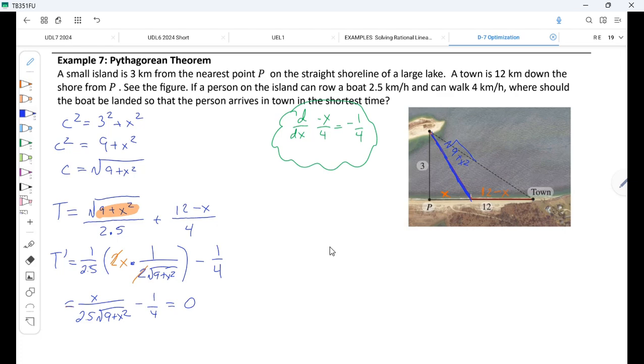It's not a huge leap. When you have two fractions being added or subtracted, bring one to the other side and cross multiply. So it shouldn't be a huge leap to rewrite this as x over 2.5 root 9 plus x squared equals 1/4. Bring our math back up here. 4x equals 2.5 root 9 plus x squared.